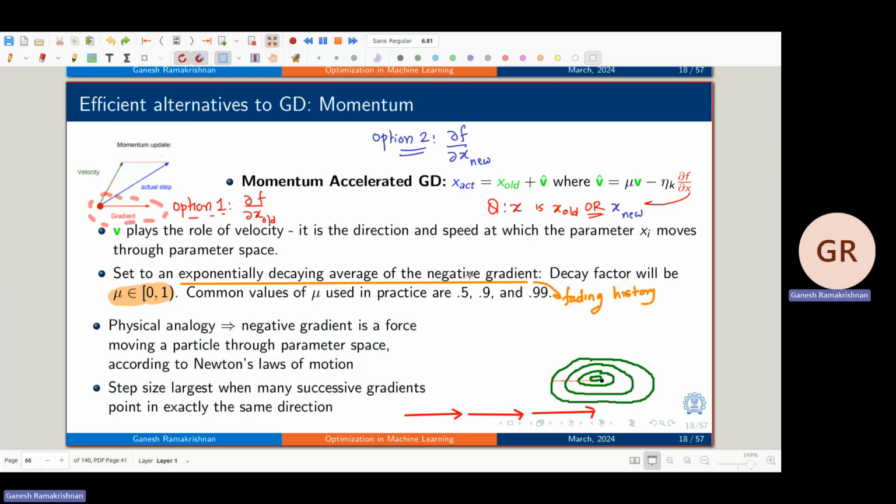Now the step size consideration will also change in the two options, right? How will the step size consideration change in the first option? I'm computing the gradient at the previous update. So where will my step size be larger? Under option 1 or option 2?